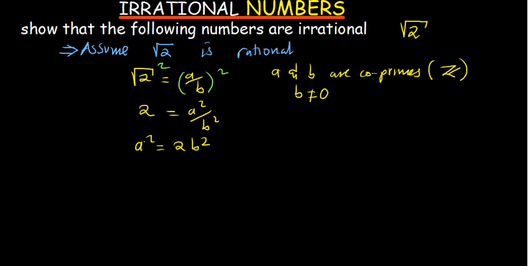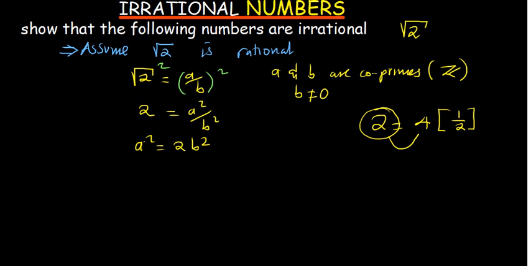I think you know what this means. If 2 is the same as 4 multiplied by half, this means that this 2 is able to go into 4.